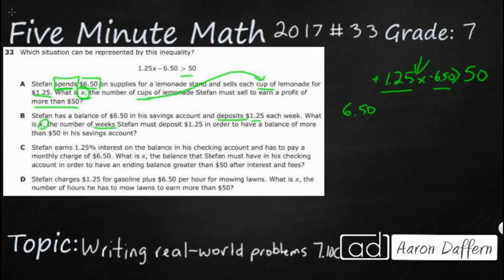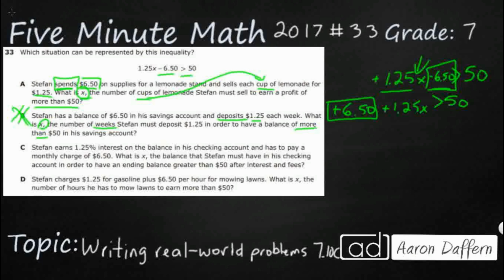Okay, so we're starting with this $6.50, and then we're depositing $1.25 per week, and we need a balance of more than 50. All right, so you see we're very close. You see the difference here? In this one, we're spending that $6.50 to get that negative $6.50. In this one, we're starting with a balance of $6.50. That gets us a positive $6.50. So it's close. Not quite.